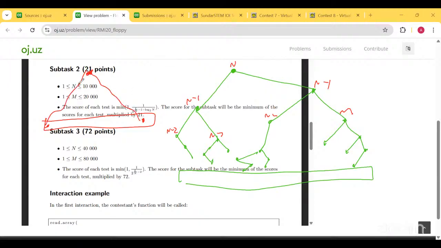And the LCA is always the maximum. Because if there is another value greater than that, then the LCA should be this, because it is between this and this. So it never becomes like this, because this one is less than this.